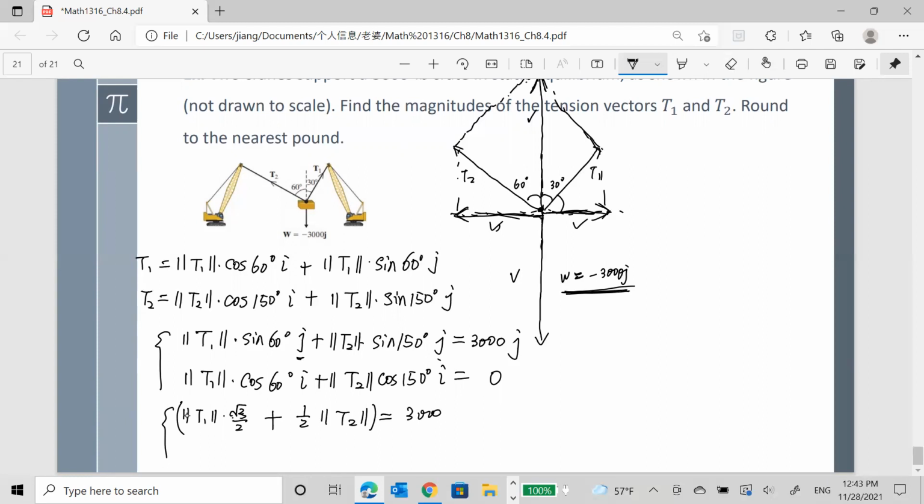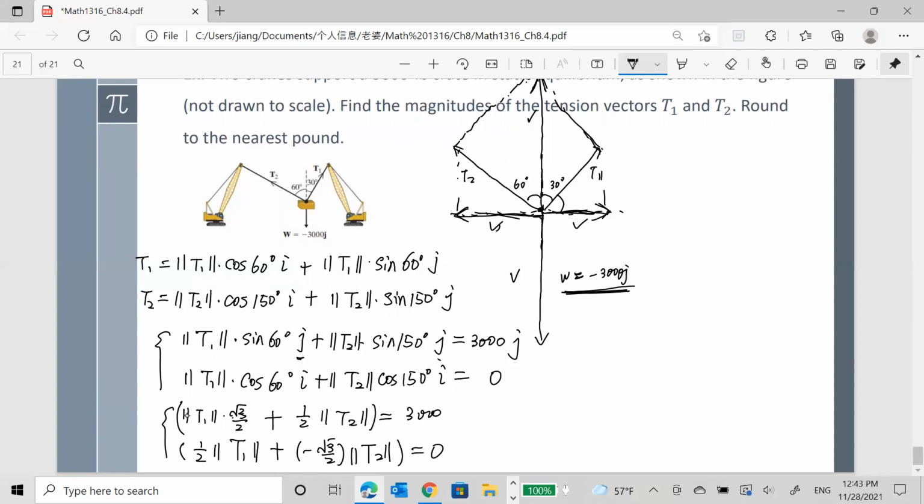And then plug in the cosine 60 and cosine 150. Cosine 60 is 1/2. 1/2 times the magnitude of T1 plus the cosine, cosine in the second quadrant is negative, so minus square root of 3 over 2 times the magnitude of T2, and then equals 0.